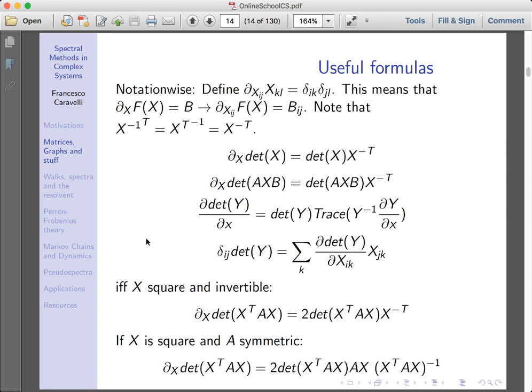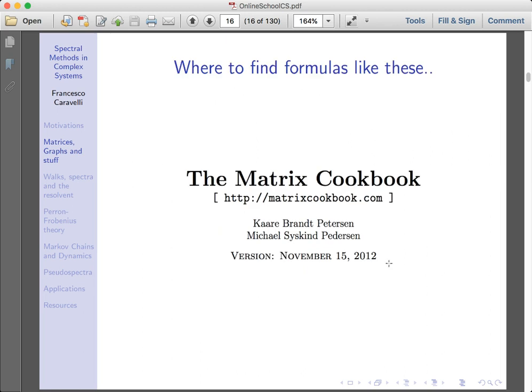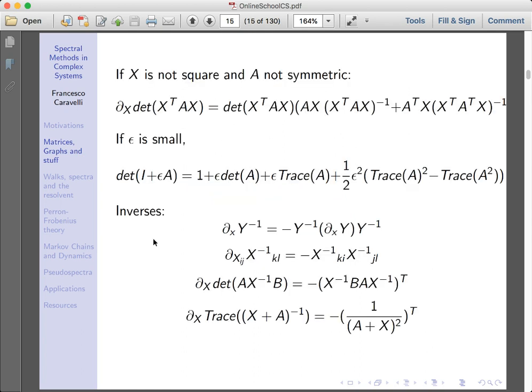You can find these online, and all I want to say is that there is a beautiful book, or cookbook rather, online called the Matrix Cookbook. It's fairly well known in computer science, in particular among those doing machine learning. And you can find these formulas in that book.